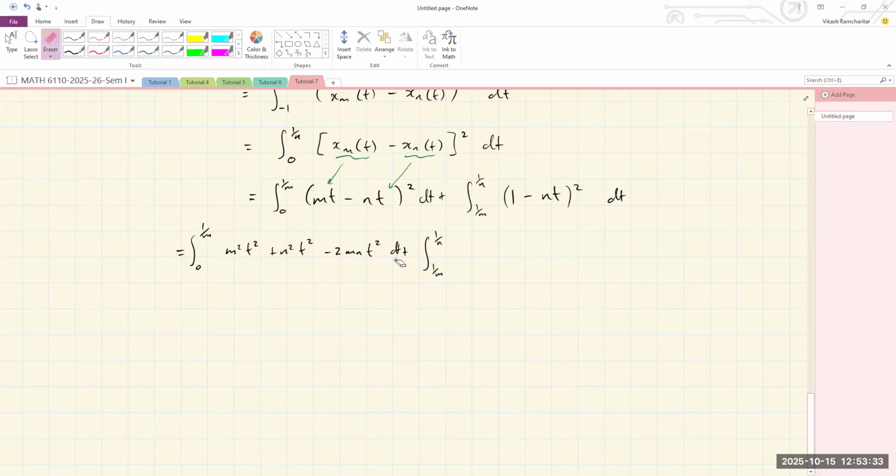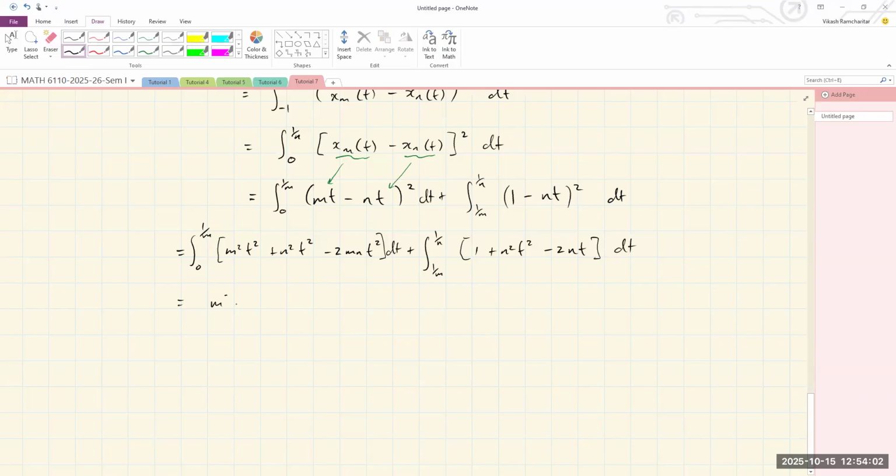If I forget the dt, of course, you know it's the integral over t. So this guy is 1 plus n squared t squared minus 2nt, not squared, just squared it, dt. Okay, great. So now we can integrate.